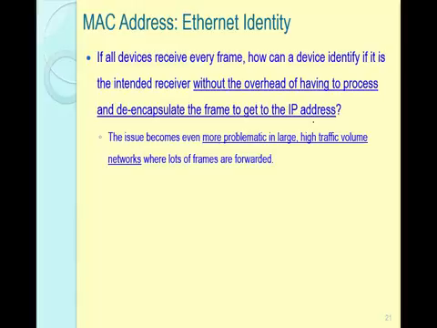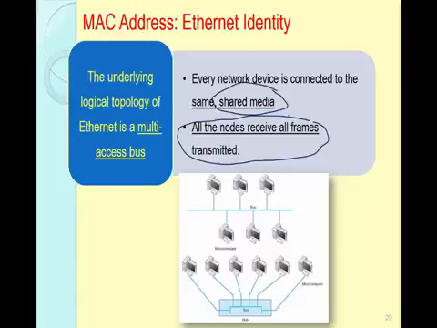What that means is, let's say node A here is trying to talk to node F here. Since everyone is going to be receiving the frame that's coming from A, how does it tell others, hey, this is intended for node F?